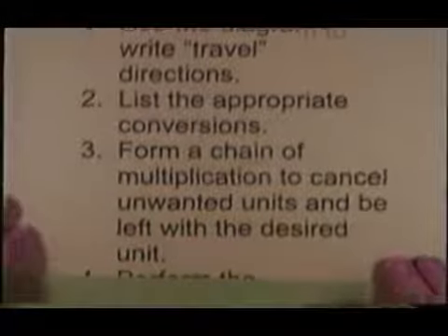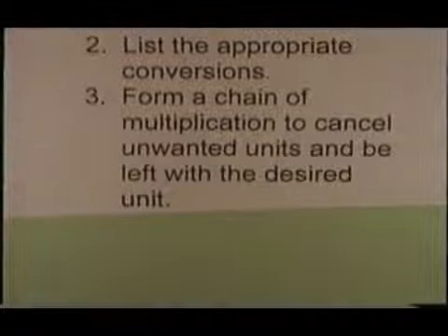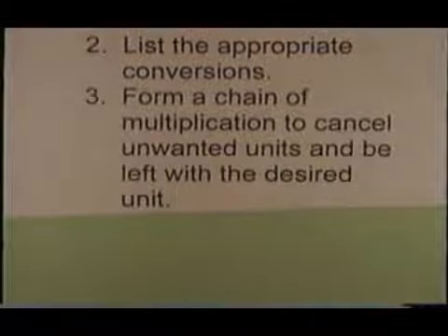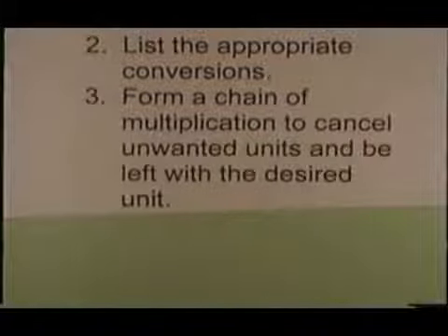Now step 3 is the most complicated of the 3. We have to form a chain of multiplication to cancel the unwanted units and to be left with the desired unit, which I will demonstrate in a moment.